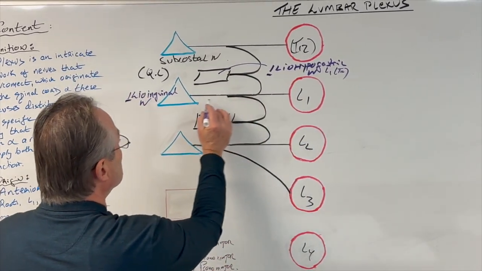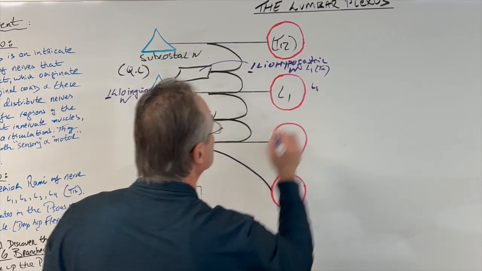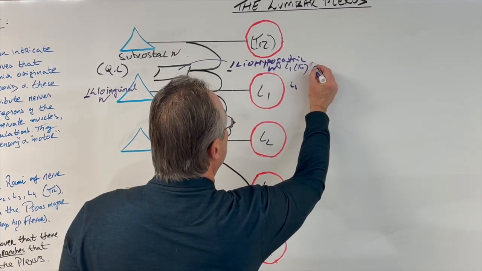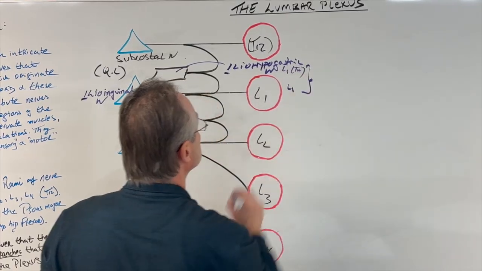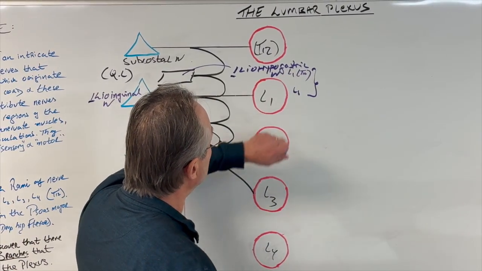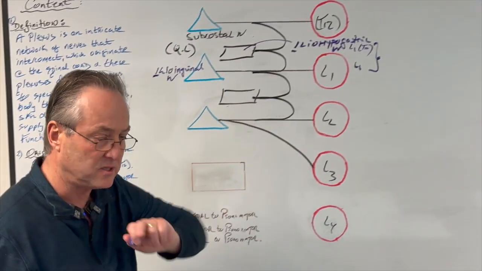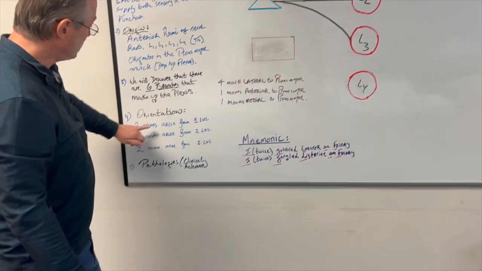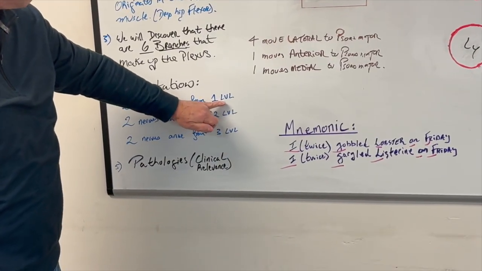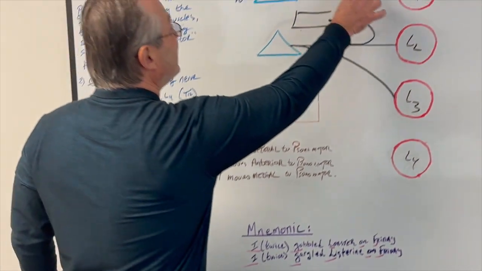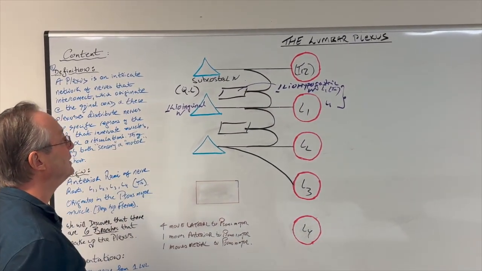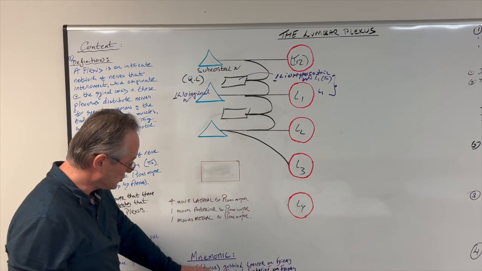This one, as you can see, comes from L1. So now we have two nerves from L1 and a corresponding branch from T12. Remember we said here two nerves arise from one lumbar vertebral level? Well, that's your iliohypogastric and your ilioinguinal. So those are your two eyes.